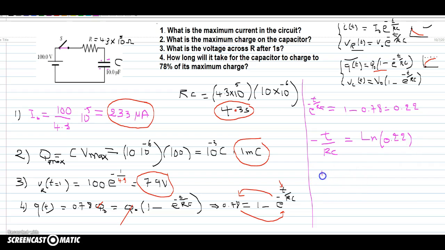So obviously t is just minus RC time natural log of 0.22.